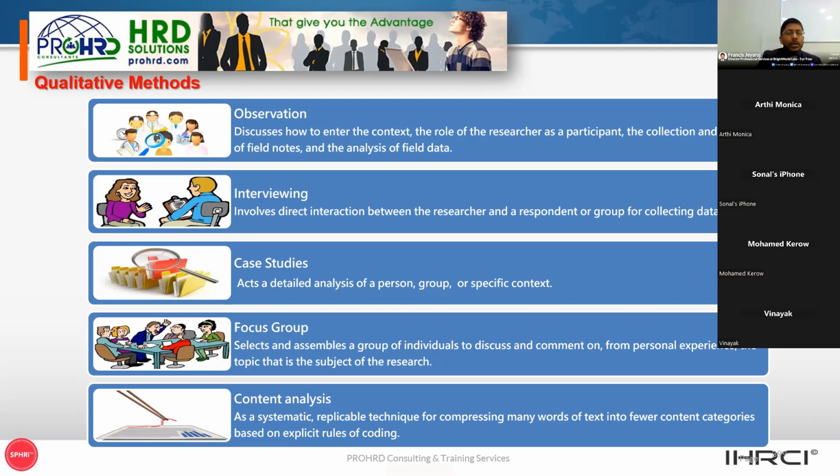Here, qualitative research can take many forms. It can be observation, interviewing, case studies, focus group, and content analysis. Observation is a common method for qualitative data collection. Participant observation is also one of the most demanding.